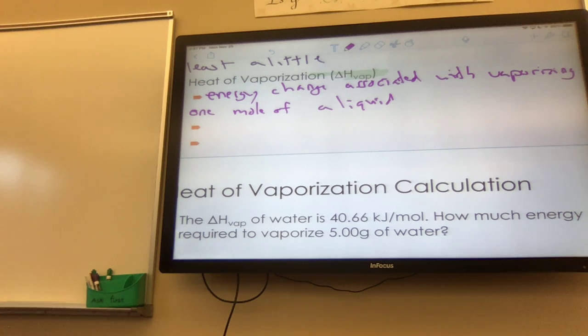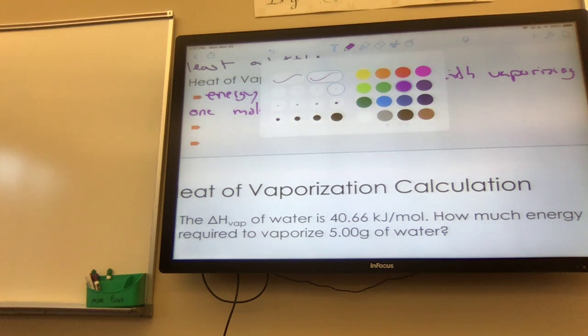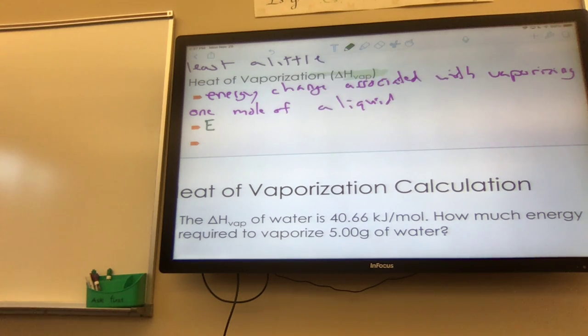It is endothermic. Why is it endothermic? It takes energy to change the molecules, which means that these values are always positive. And usually the units are kilojoules per mole. It can be given in joules per mole, but it'd be kind of jerky.